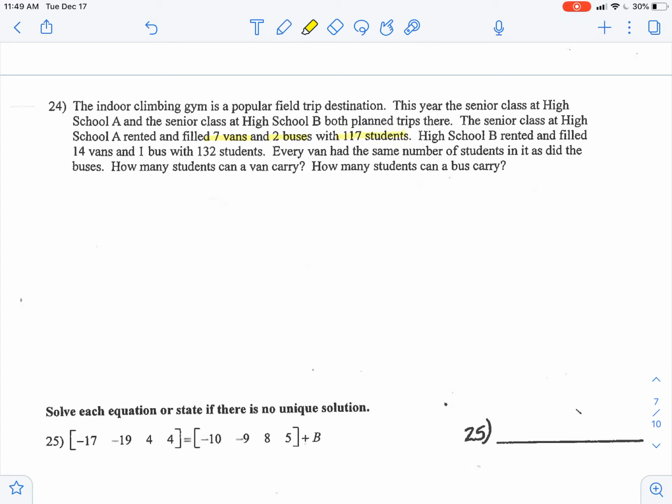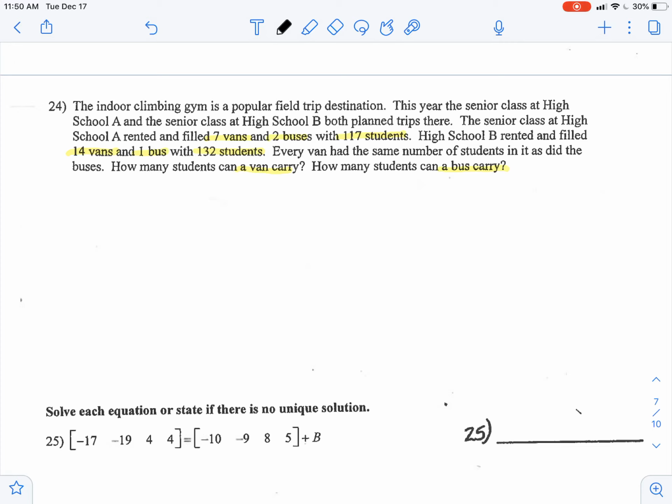There was a total of 117 students. High School B rented 14 vans, only 1 bus, and there were 132 students. So it says that every van has the same number of students and every bus has the same number. How many students can the van carry and how many students can the bus carry?